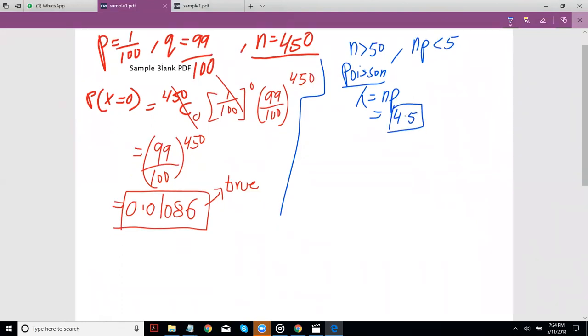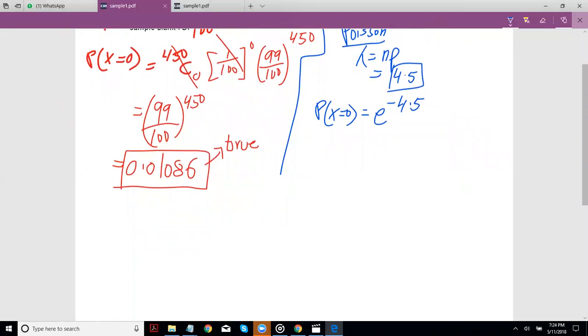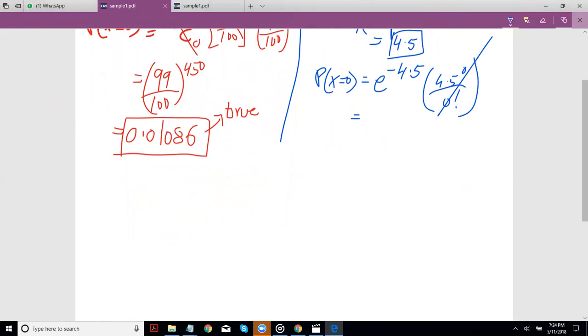And now, using this approximation, you'll find the probability that x is equal to 0, which basically would be e to the power minus 4.5, because everything else will just cut down to 1 if you put it into the formula. I mean, if you want me to write, then 4.5 to the power 0 is 1, 0 factorial is 1, so you can just cut this, right?